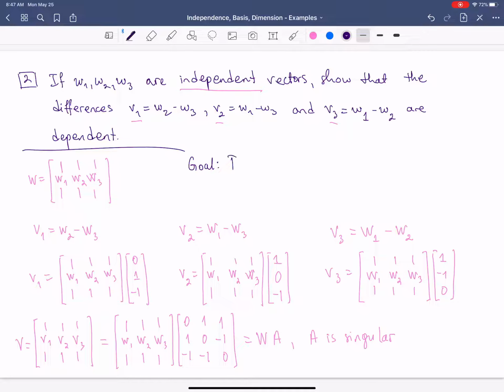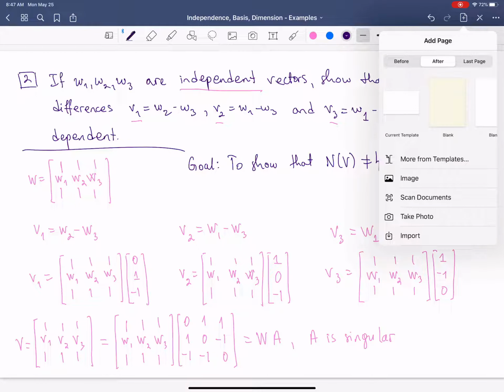It's to show that the matrix V does not have full column rank, or rather that the null space of V is not zero, that there is something in the null space of V. So how can I show this?